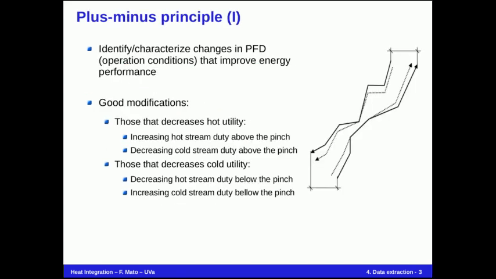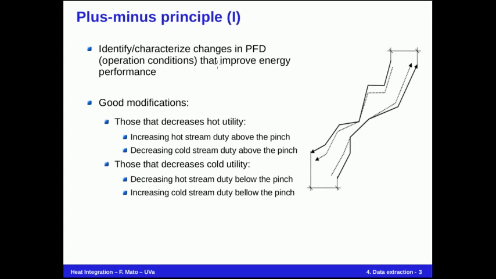In order to identify changes that are good in a process flow diagram, you can use the plus-minus principle. This is a general abstract principle that can be seen in the T versus enthalpy diagram.